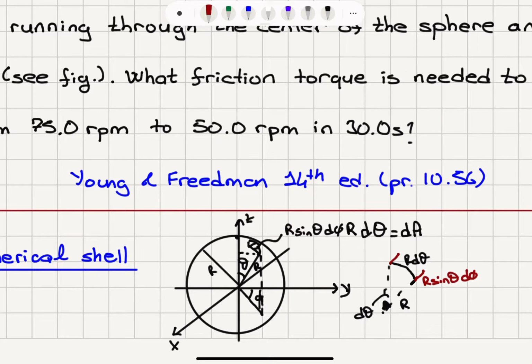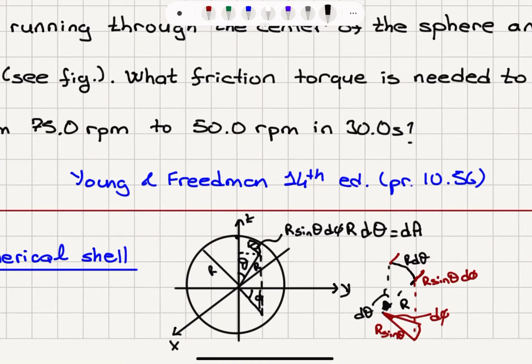So we take the projection onto the xy plane. So we obtain here r sine theta, and then we rotate it by an angle d phi. So that gives us this side. So this angle here is d phi. All right.